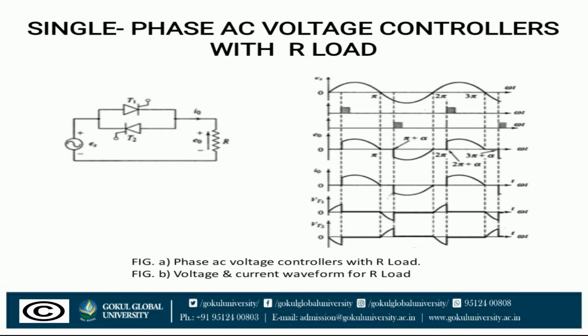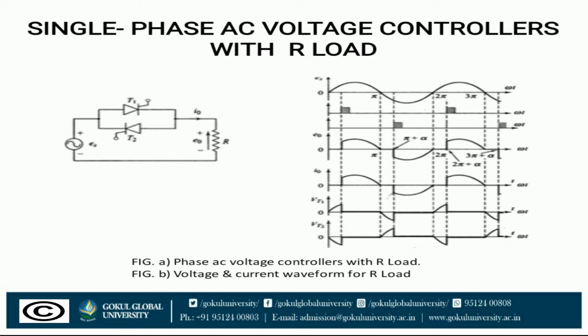Now, how is it controlled? Can you examine? What was our purpose? Our purpose was to vary the amplitude. It means the average voltage or average current. We have to vary the average voltage or average current of the waveform.